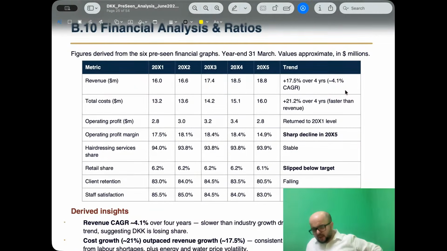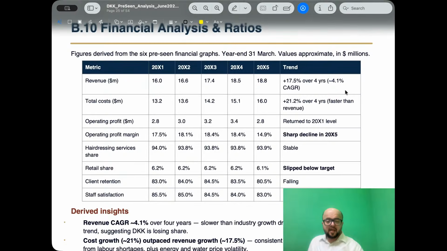What is CAGR? Can you let me know in the chat box? Yes, compound annual growth rate.